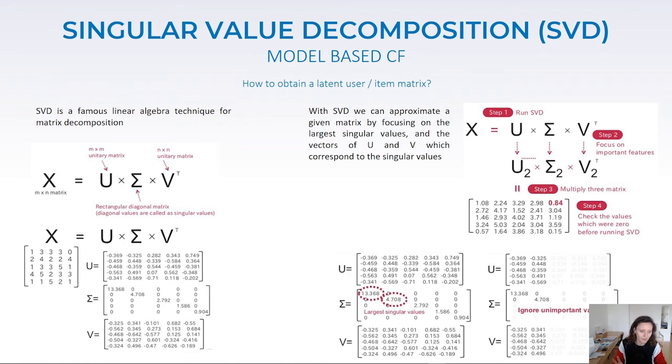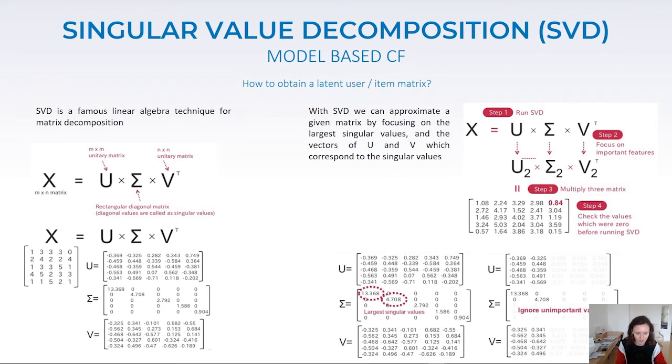And basically you focus on important features. So you take into consideration what are the largest singular values, as you can see here in the table. There is an example here below. And you ignore unimportant values.